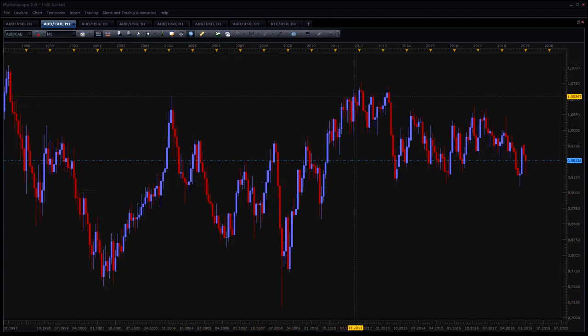Does it ring a bell? Do you see a consolidation? This is one large consolidation. Over here, this is one small consolidation, but for the monthly chart, that is a large consolidation as well. And then we have another large consolidation right here. So let's see. Aussie Canadian.